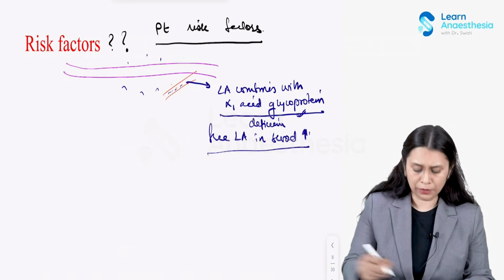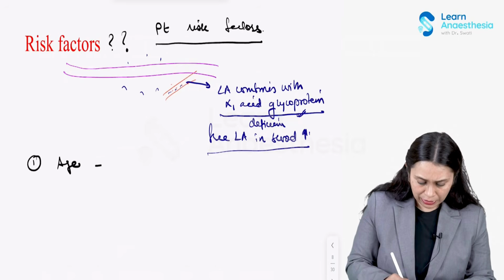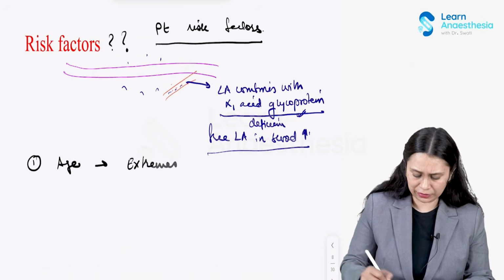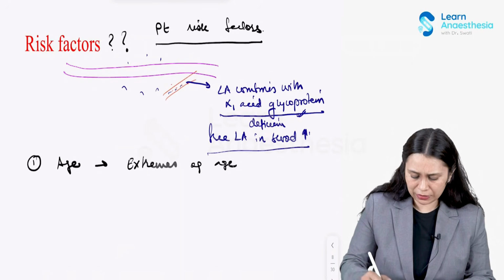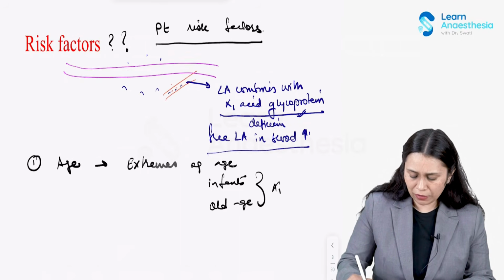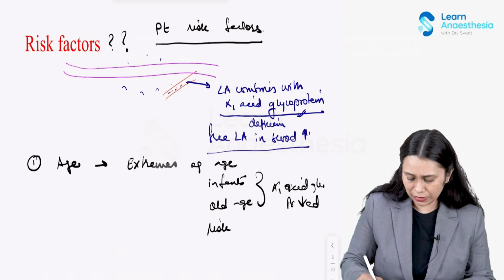Extremes of age. So first, age. At extremes of age, the quantity of alpha-1 acid glycoprotein has been seen to be less. That is, in infants and old age, the alpha-1 acid glycoprotein is decreased, so the risk is higher.